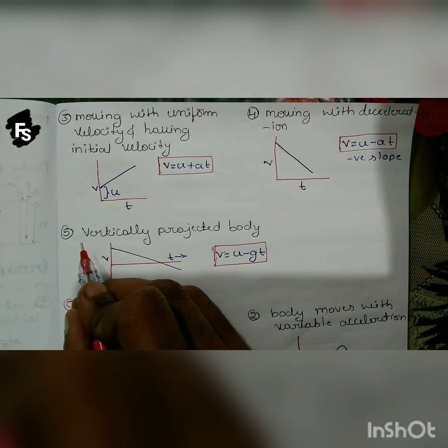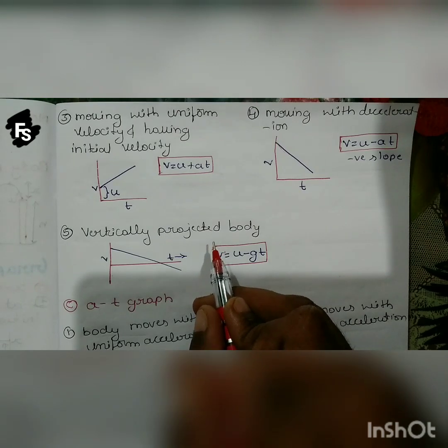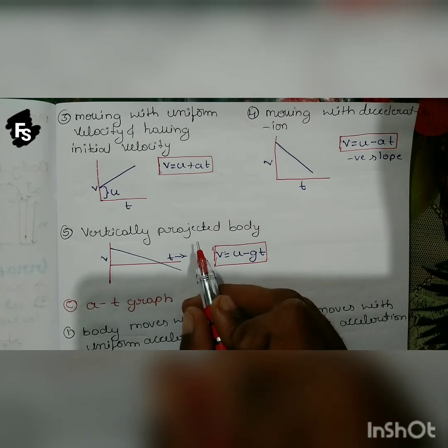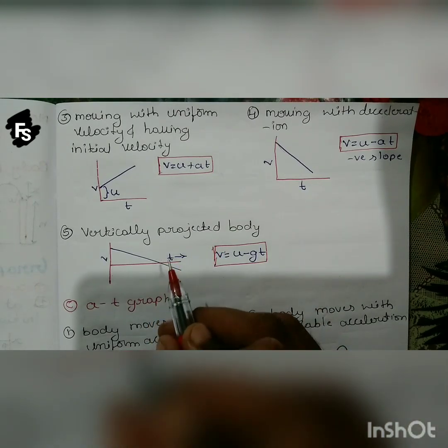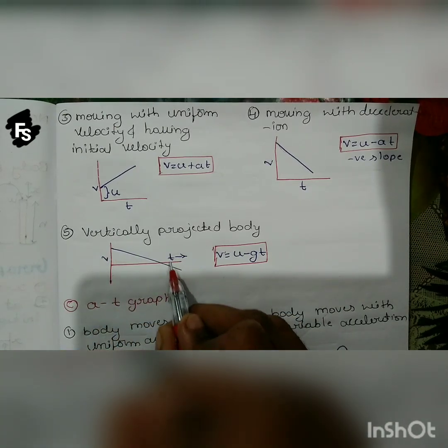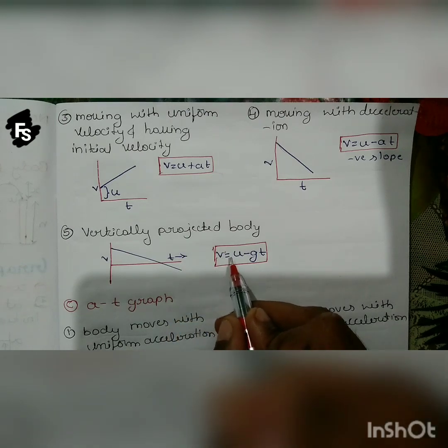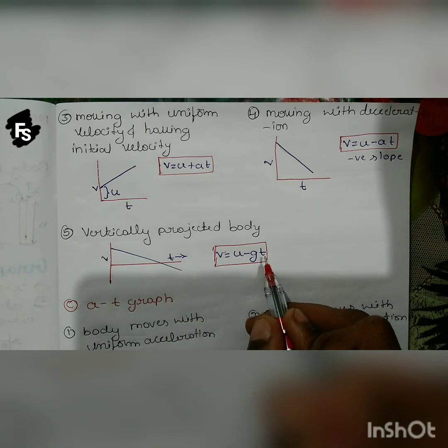Then we move on to the fifth graph, vertically projected body. If we throw a ball vertically, then its velocity always decreases, but the time moves on. We can express the equation as v equals u minus gt.